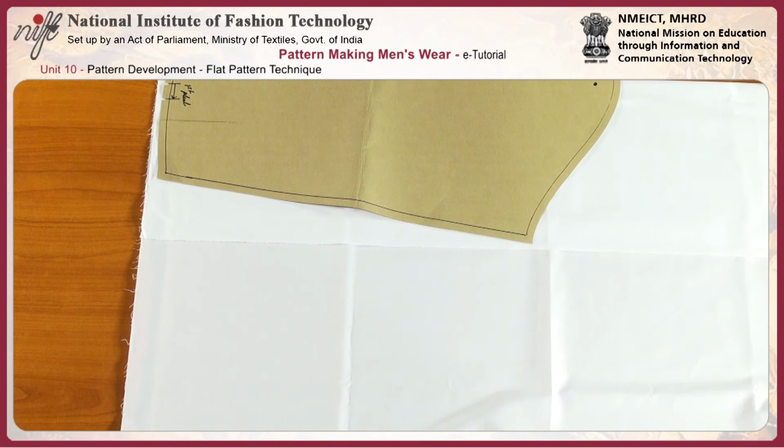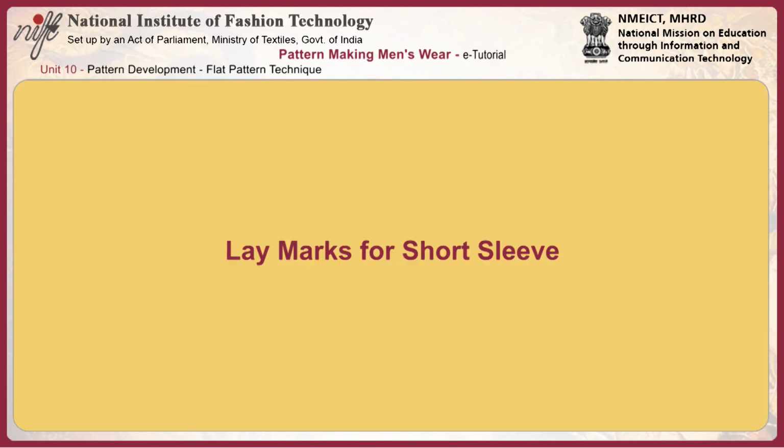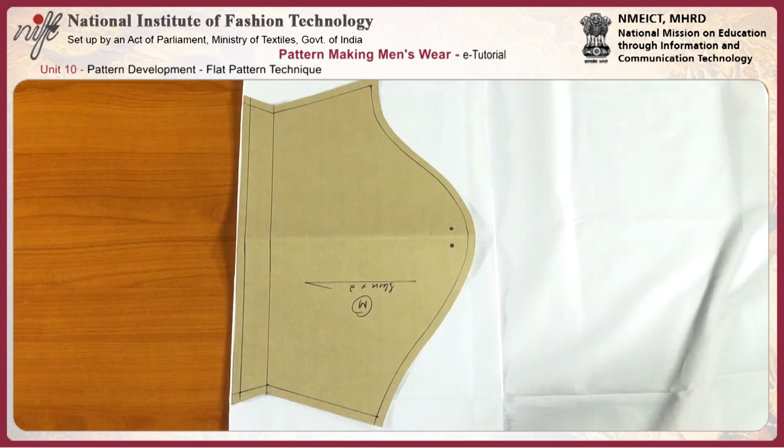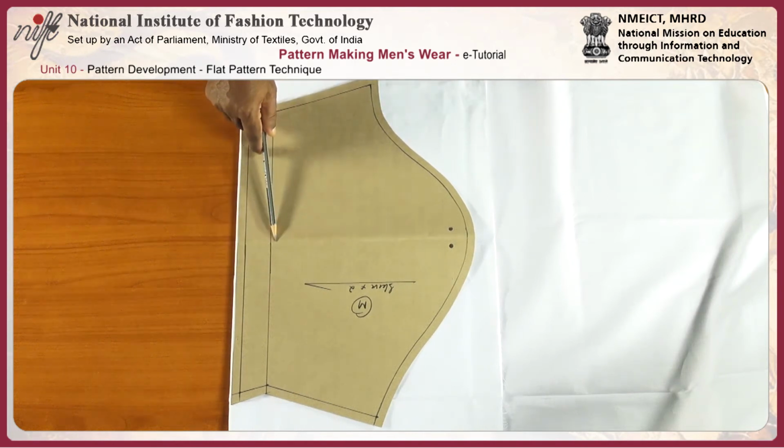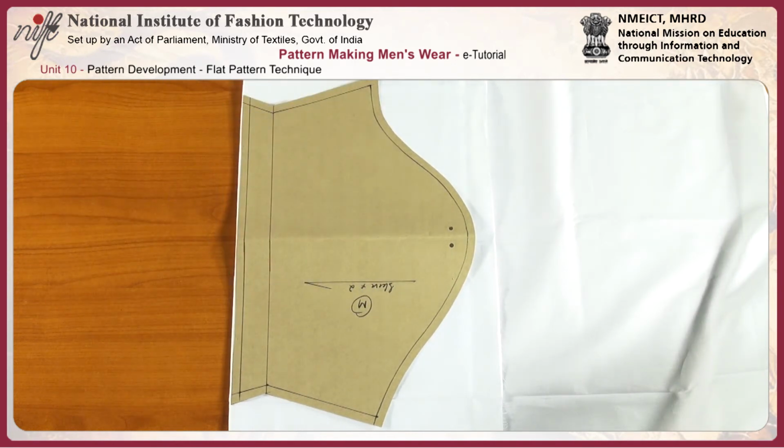With this, lay marker of shirt is complete. Short sleeve pattern can be placed as shown here. Fabric can be opened and made 2 layers, then open the pattern and place like this, then trace and cut. Again the selvage is parallel to the grain line marked on the pattern.